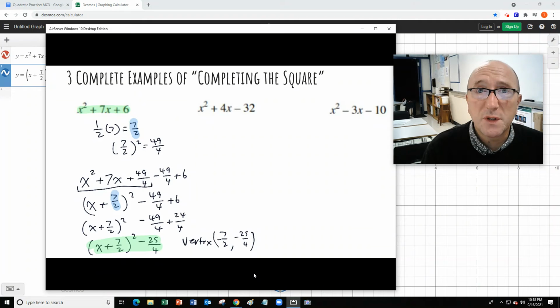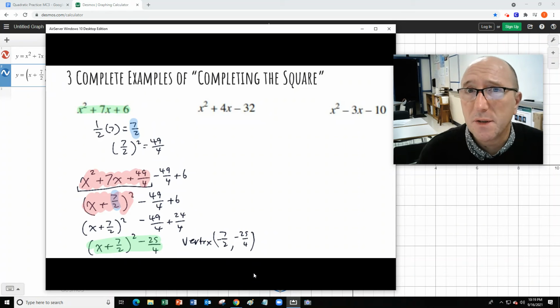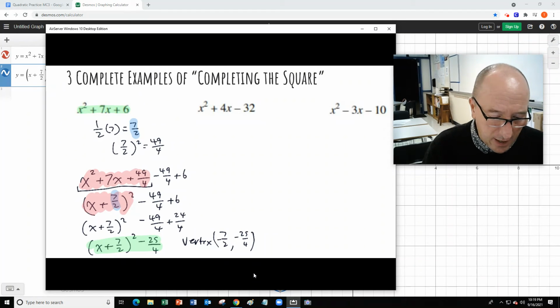Then we made a perfect square because that's what completing the square automatically does. It automatically gives you this perfect square right here. It does that because you've built a perfect square trinomial here by adding this very creative value onto the end of it. And then we cleaned up and we got our final answer, which is the vertex form. And we read the vertex off it, and there's the vertex.